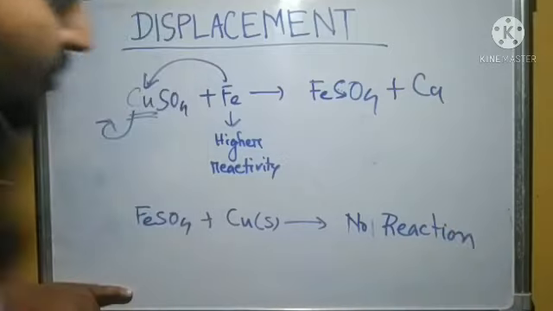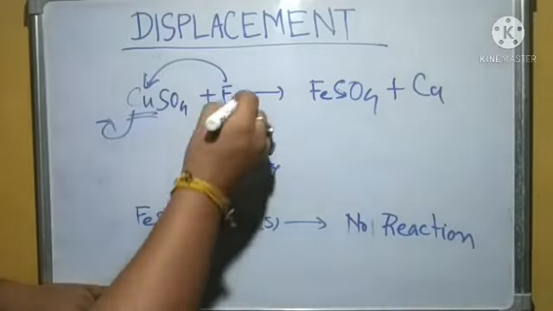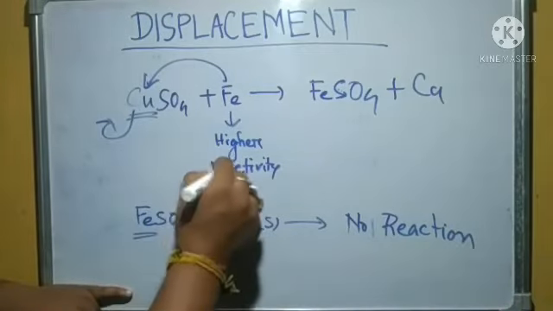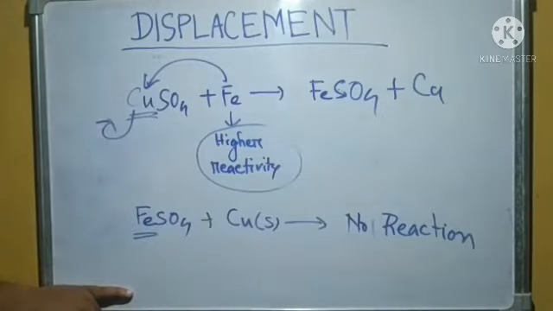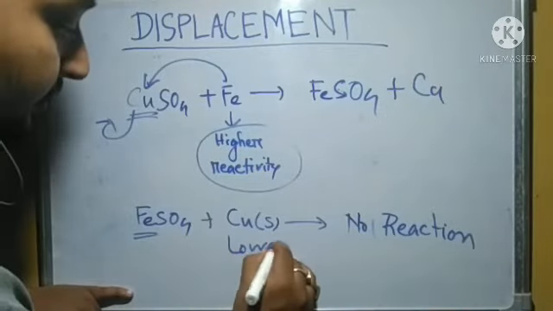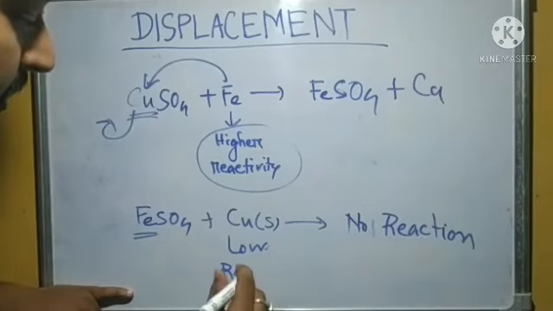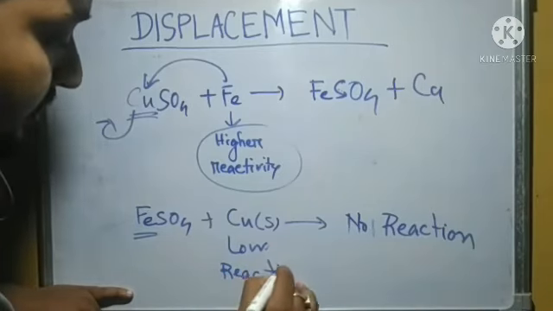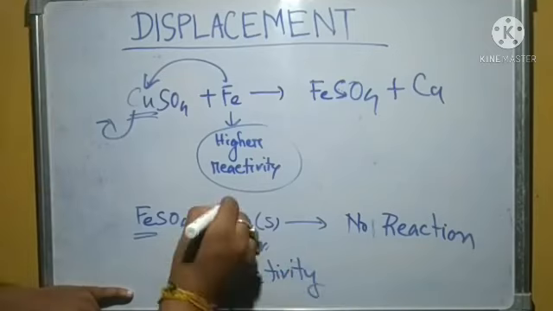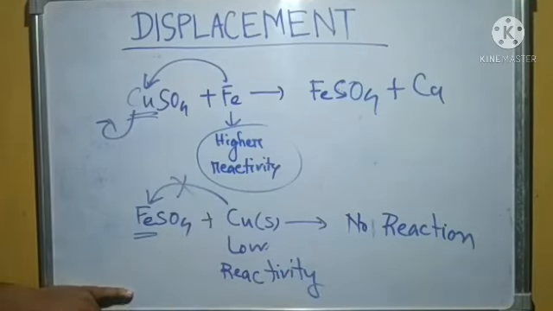Why does no reaction occur? Because, as we have seen, iron has higher reactivity and copper has lower reactivity. So it cannot displace iron. A metal having lower reactivity cannot displace a metal with higher reactivity.